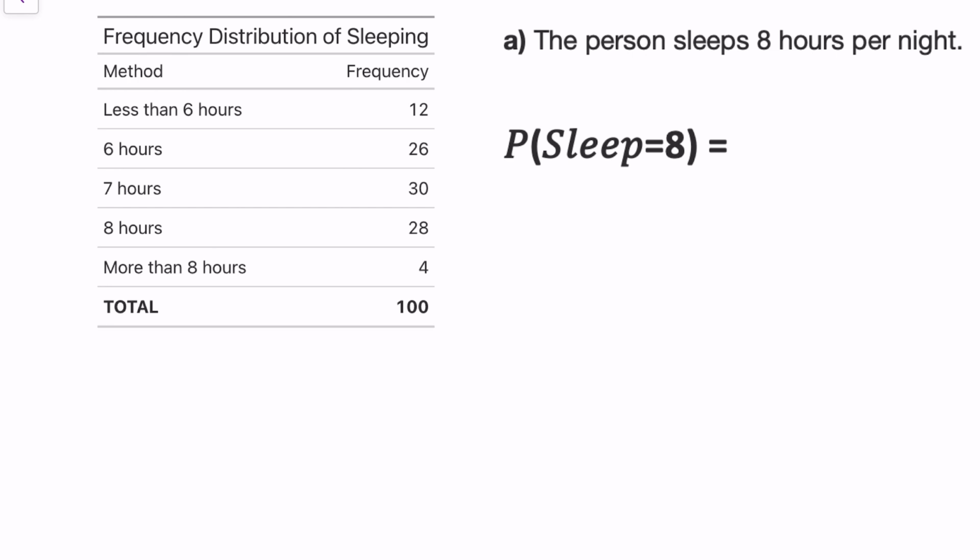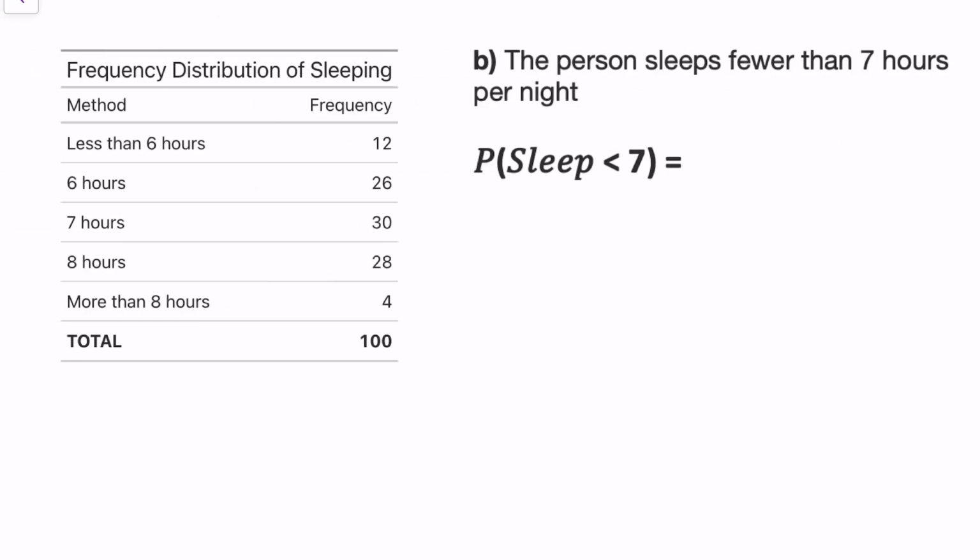What's nice about this problem is that they already tell us what the total is going to be. So that sum is going to be 100. Now we just need to find how many of them slept exactly 8 hours per night. So here it is. It's going to be 28 over 100.